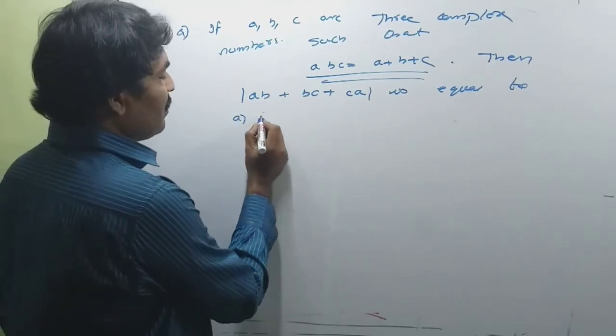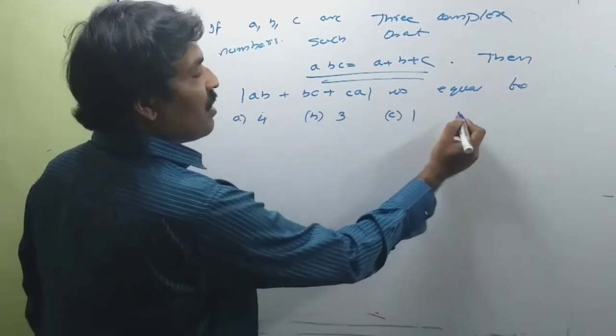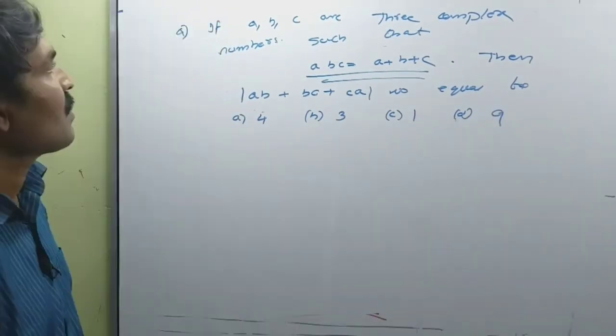Choice A is given 4, choice B is given 3, C is given 1 and D is given 9.